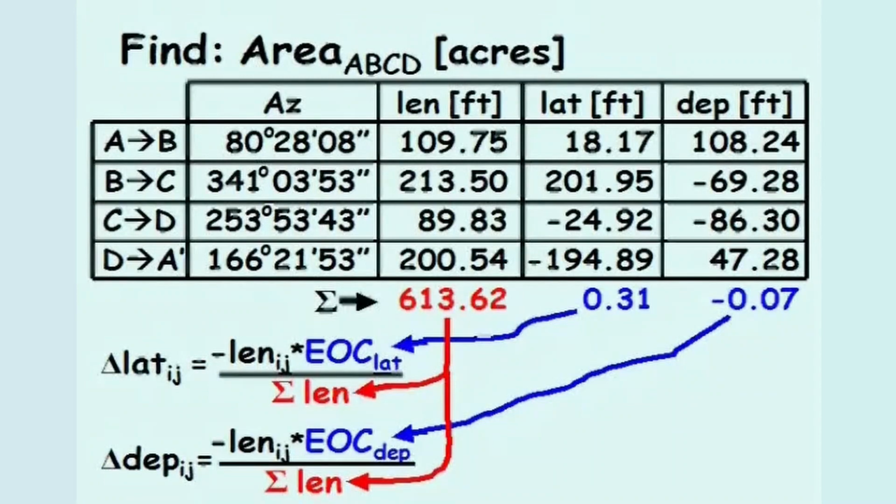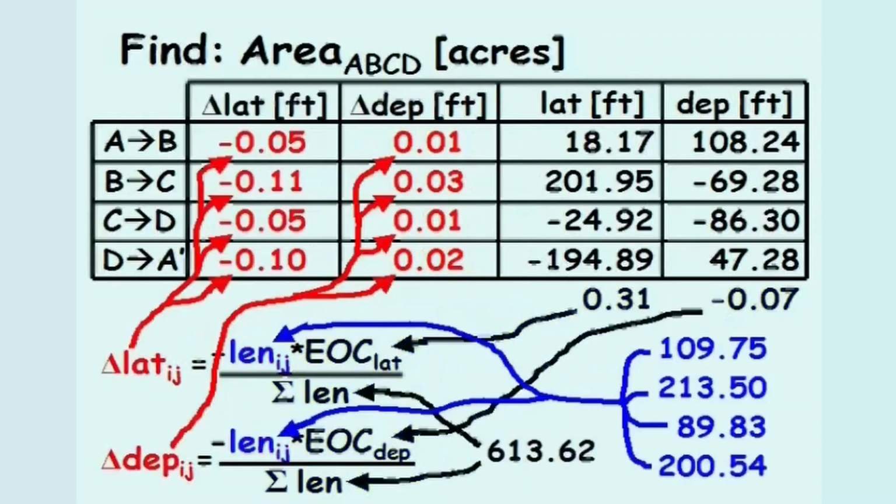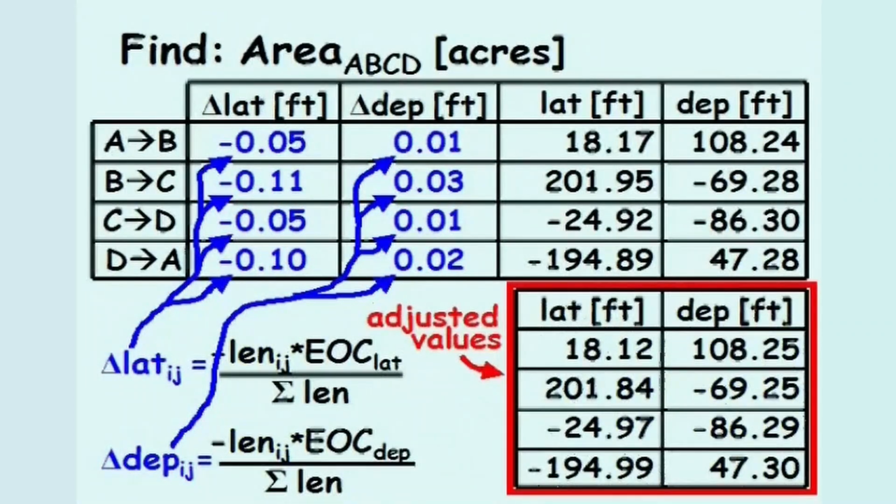We can calculate the total length, and we know the length of each individual course. The adjustments to the latitudes and departures are calculated, and we can compute the adjusted latitudes and departures by adding these adjustments to the original latitudes and departures for each course.